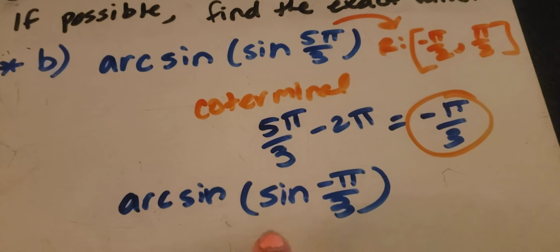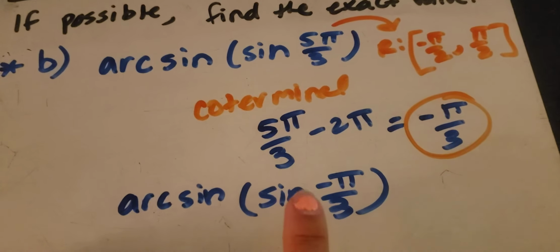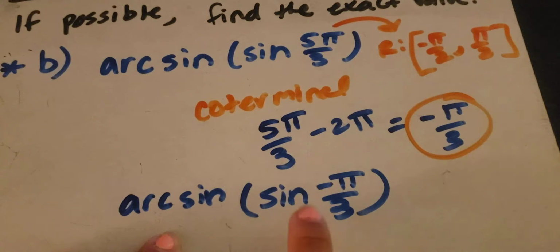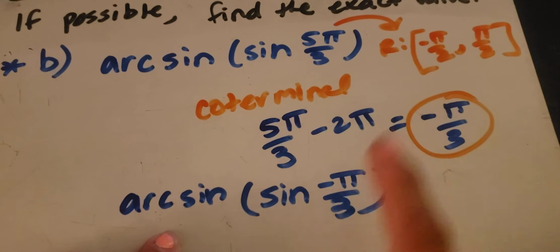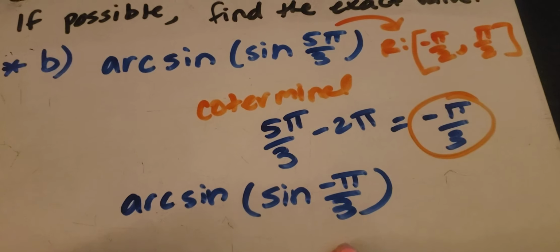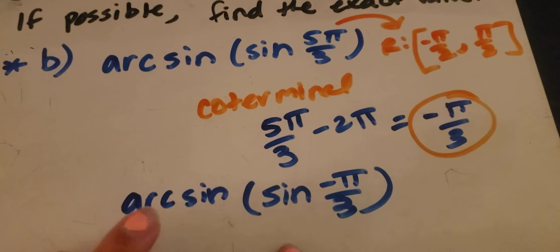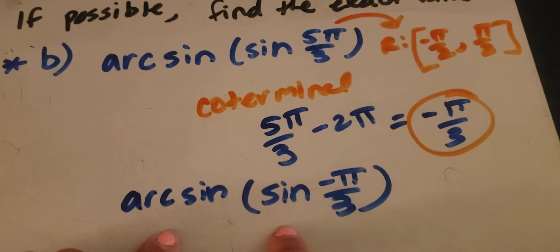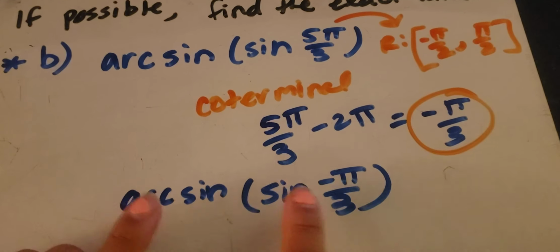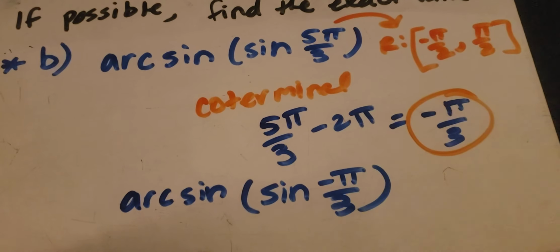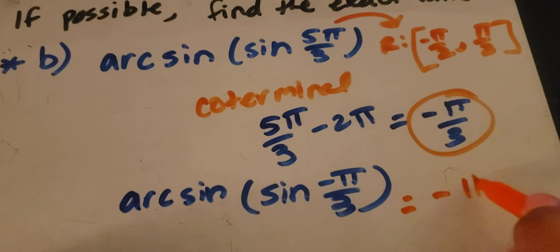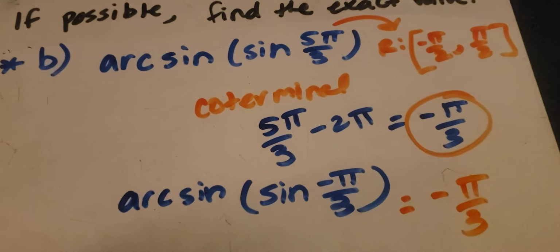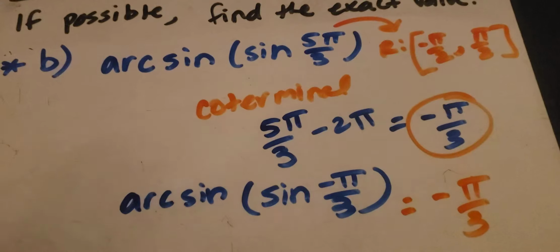Now we have arc sine and sine, and this fits within our range. So if it fits within our range, we can definitely simplify this. And because of composition, the inverse and the sine will just cancel each other out. So our answer should just be negative pi over 3. And again, this is just part of the property.